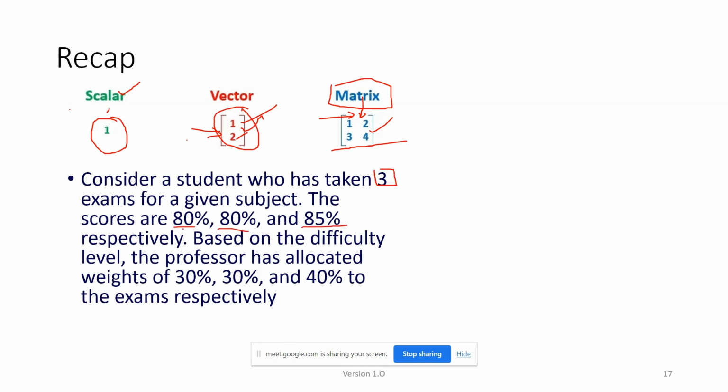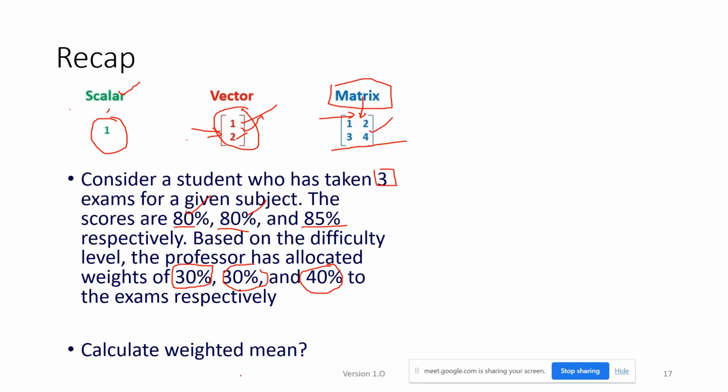Based on the difficulty level of the paper, the faculty has given weightage: 30% weightage for the first subject, 30% for the second subject, and 40% for the third subject.